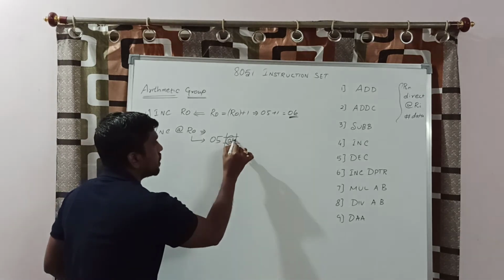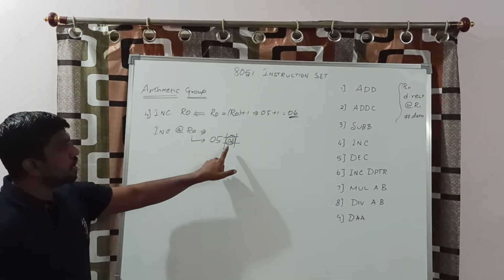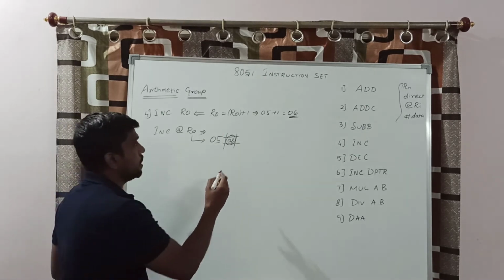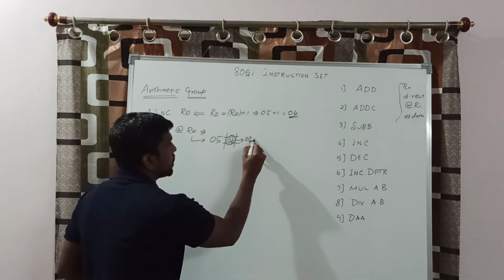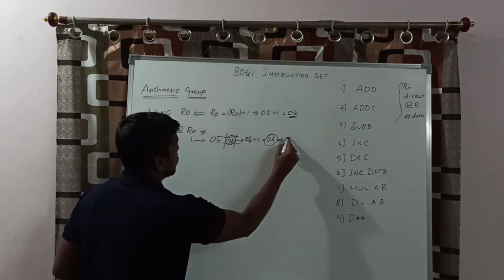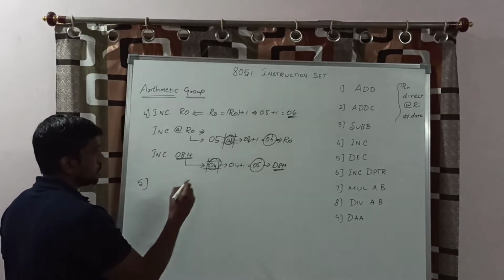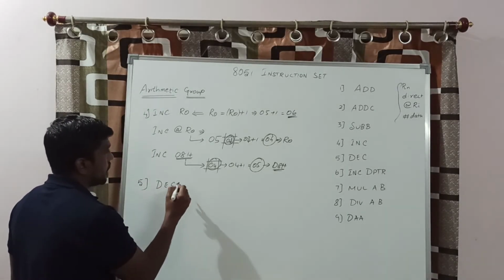This data is incremented by 1. After execution of this instruction, this data is incremented by 1: 03 plus 1, the result is 04. This content is loaded in the Rn register.